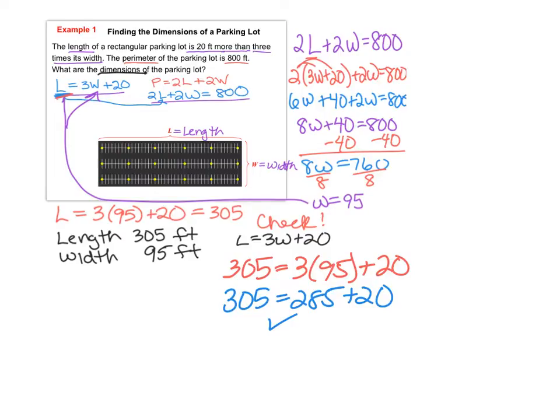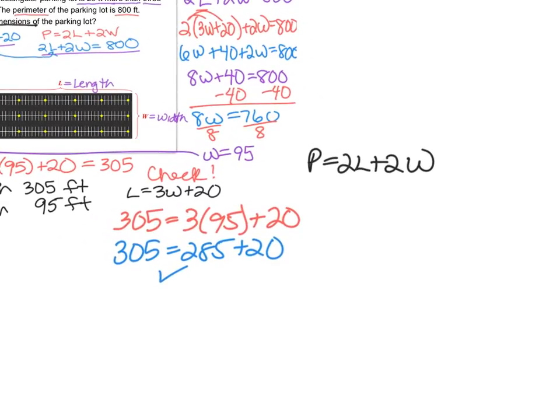We also want to check the perimeter. Does that perimeter equal 800 feet? And recall the formula for the perimeter is equal to 2L plus 2W. If our P is equal to 800, that's 2 times the length of 305 plus 2 times the width of 95.